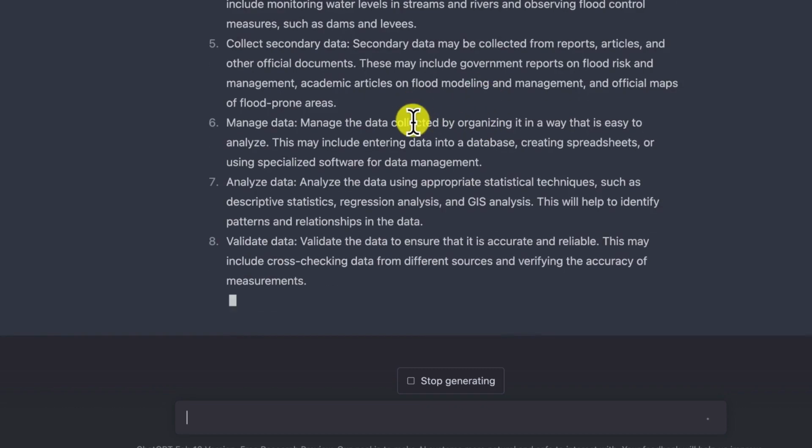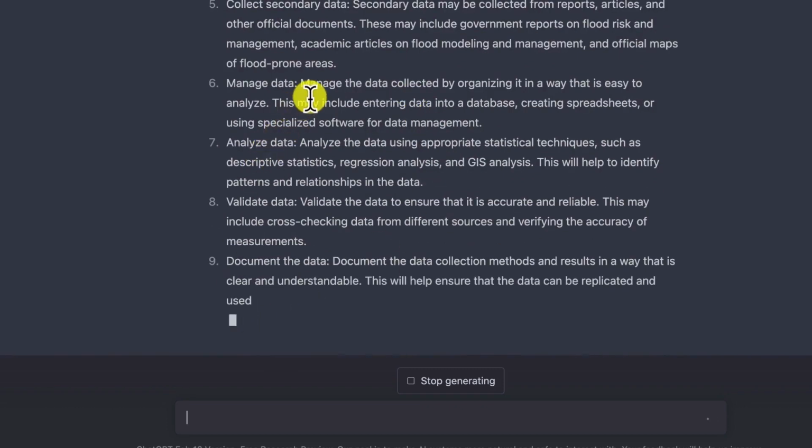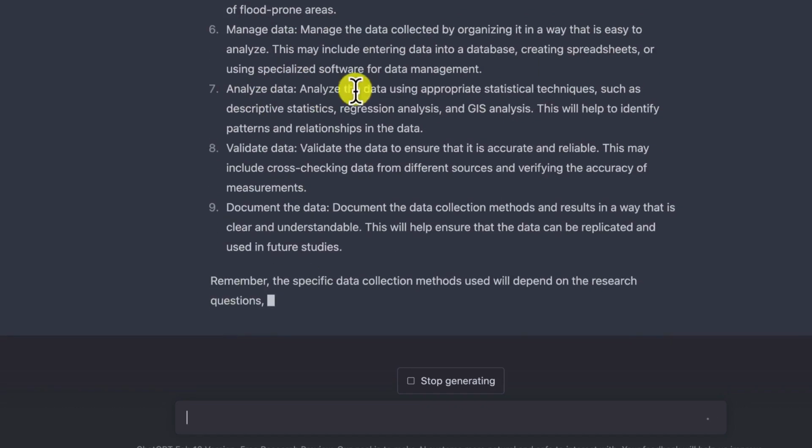So you just be very specific now related to your own area of study. Then manage data. How are you going to manage the data? This may include entering the data into a database, creating spreadsheets, and using specialized software for data management. So you can do all that, and then you can start validating the data. How are you going to validate the data?